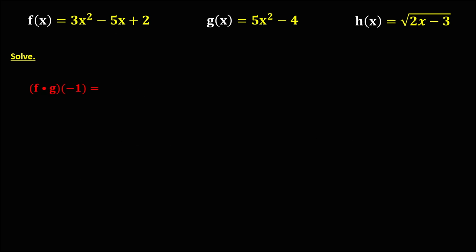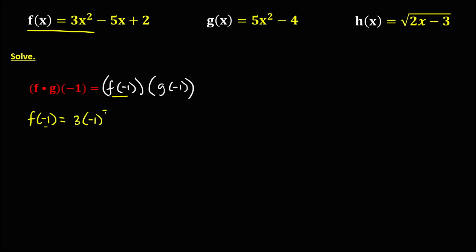Then for this function, this is equal to f of negative 1 times the g of negative 1. So first, we need to find the value for f of negative 1 from f of x, and x is equal to negative 1. So this becomes 3 times negative 1 to the power 2, then minus 5 times negative 1, then plus 2.